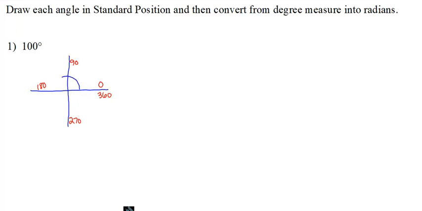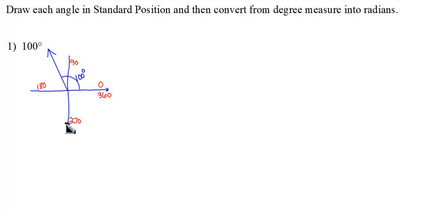At this point, I'm going to connect from my origin to where I stopped to create the terminal side of this angle. The angle I have drawn represents 100 degrees, with the x-axis as one side of my angle and then my terminal side drawn here.